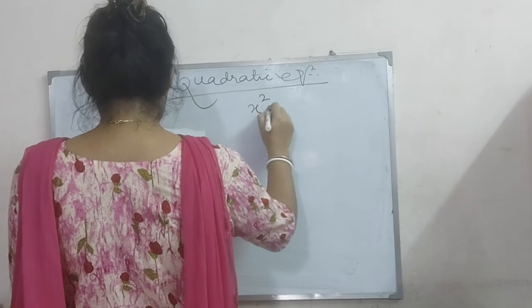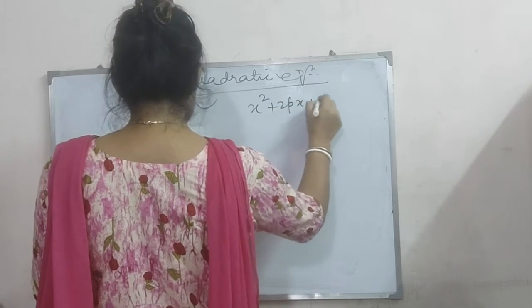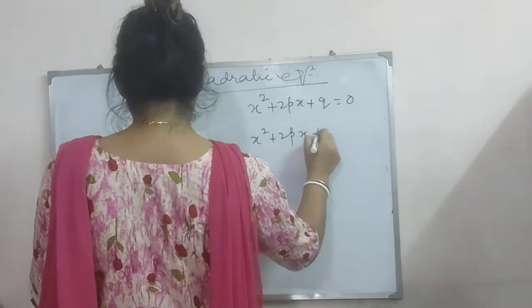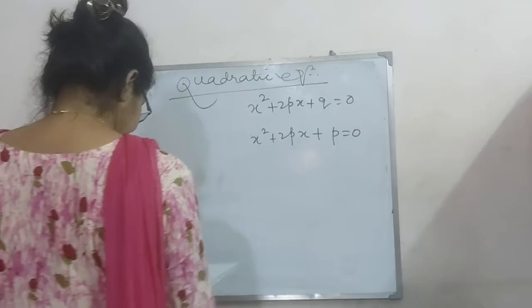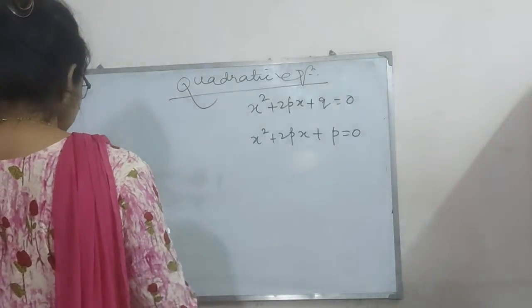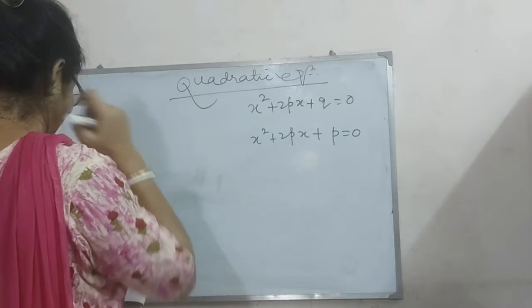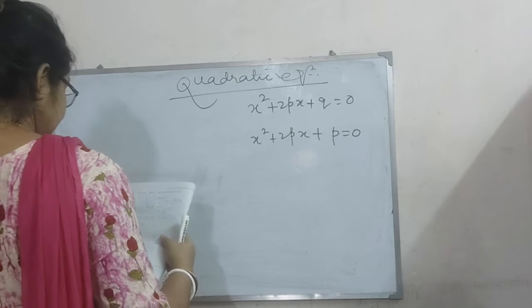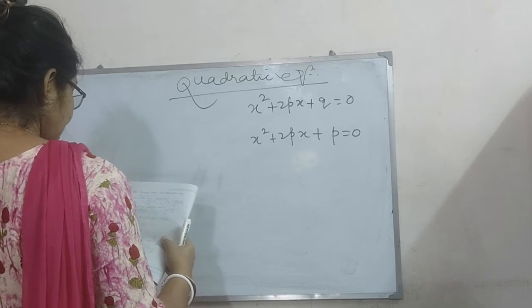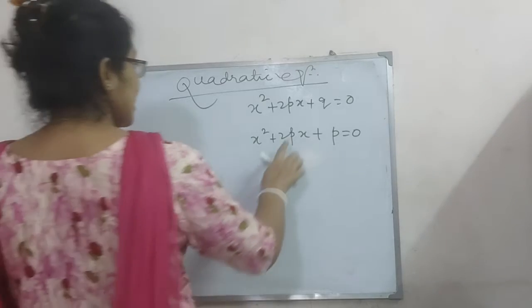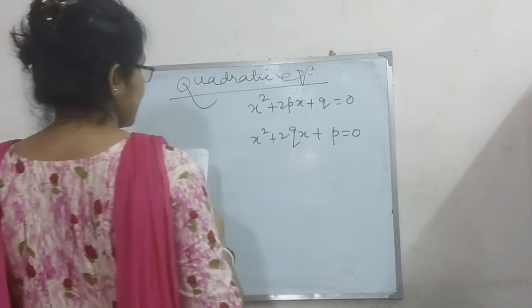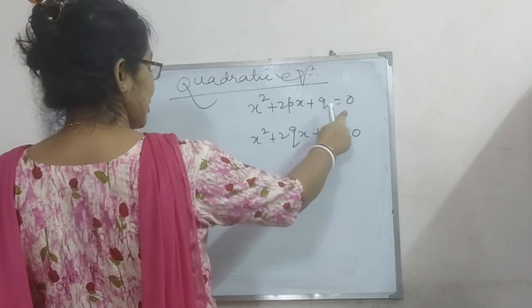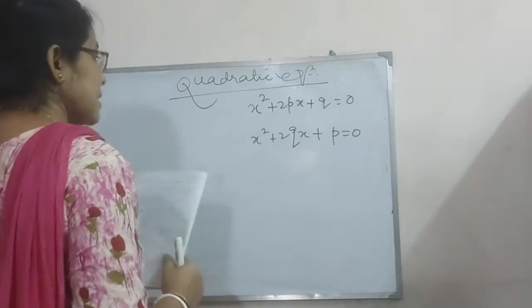We have two quadratic equations: x square plus 2px plus q equal to 0, and another equation is x square plus 2qx plus p equal to 0.